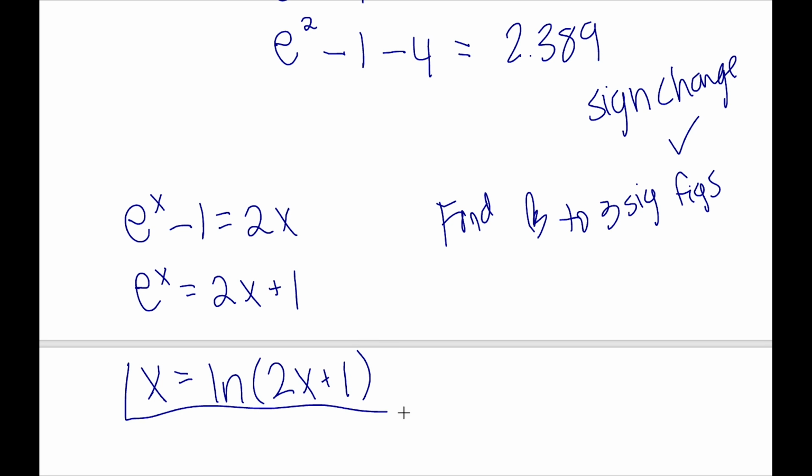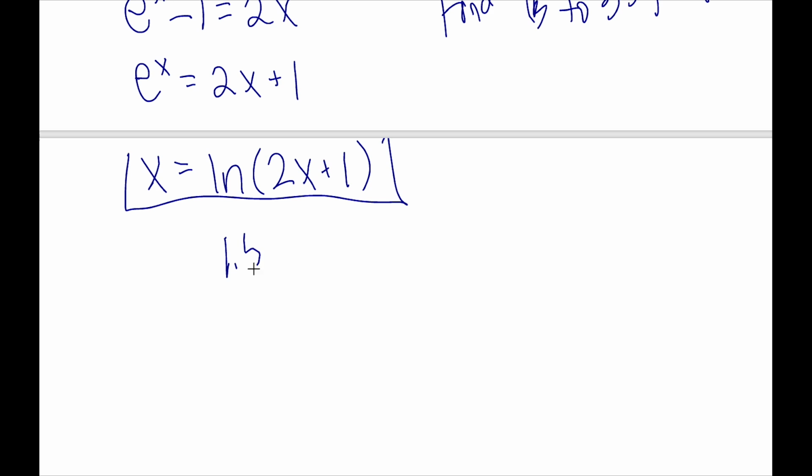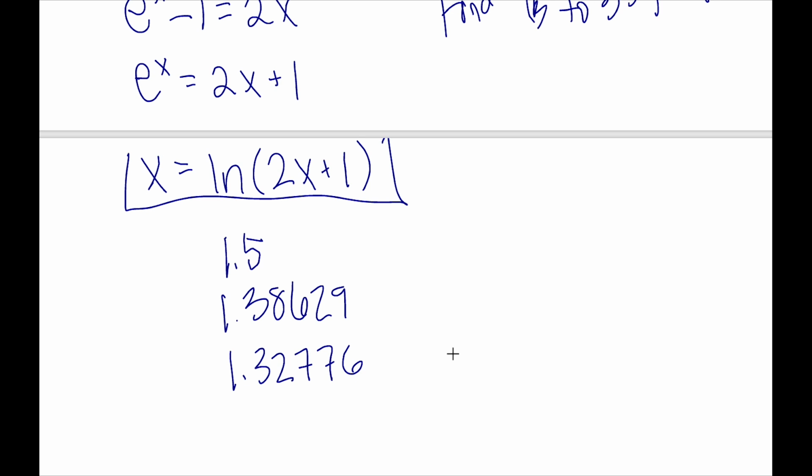So here's where I'm going to start with my iterative process. I'm going to start with 1.5, halfway between 1 and 2. Okay, plug in 1.5, store it, plug in the answer. 1.38629, 1.32776.